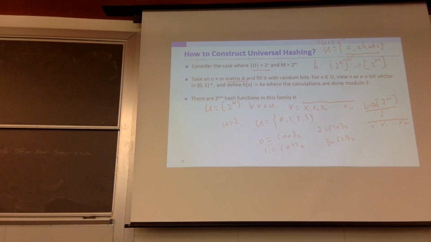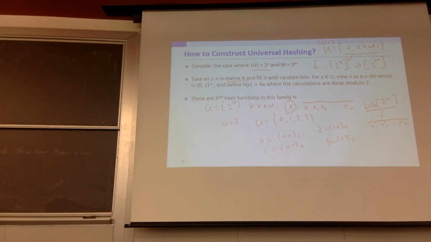Basically, with probability 1 over 2 you fill one entry in this matrix with 1, and with the other half of the probability you fill that entry with 0. Then we view each element x in U as a vector of 0s and 1s, and the same thing applies to the hash value: it's a vector of 0s and 1s of length n.